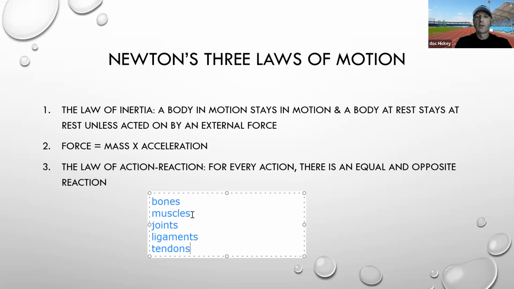The muscles will create force by shortening, and the muscles will pull on the tendons. The tendons pull on the bones, and then the bones rotate around the joints, and then we have our human movement. So that's the law of inertia. Body in motion stays in motion, body at rest stays at rest, unless acted on by that external force.